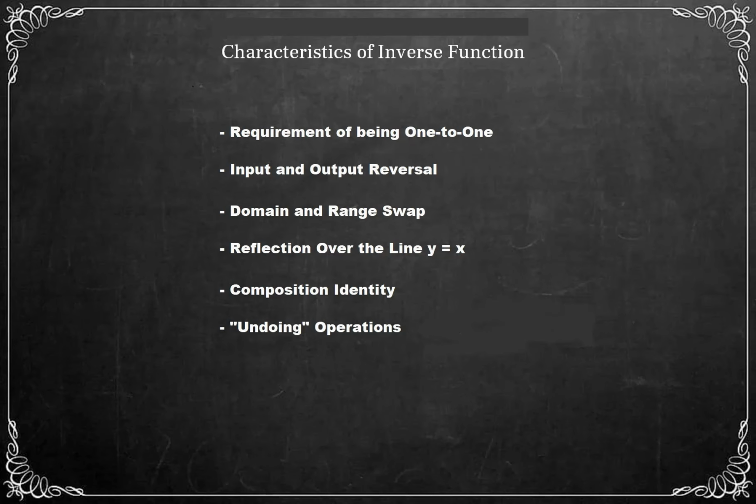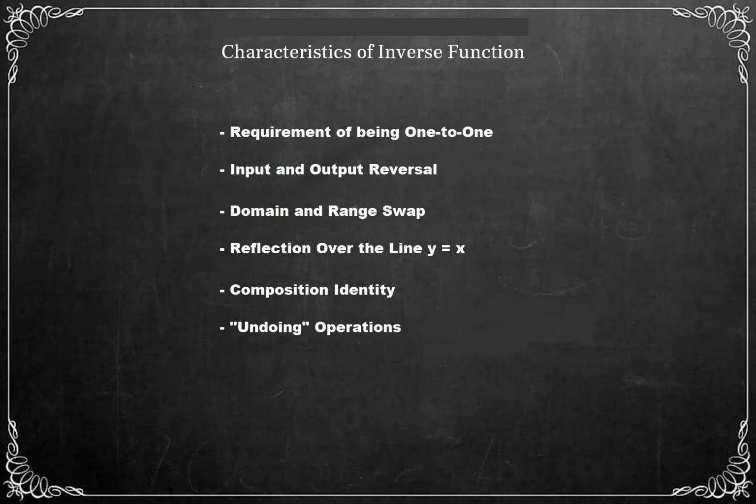Domain and range swap, which is just an extension of the input-output reversal, which means the domain of the original function f becomes the range of its inverse, and the range of the original function f becomes the domain of its inverse. Graphical reflection, which means the graph of f of x and its inverse are reflections of each other across the line y equals x.